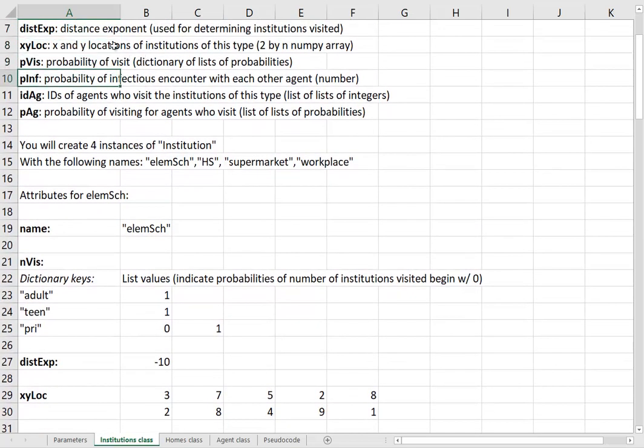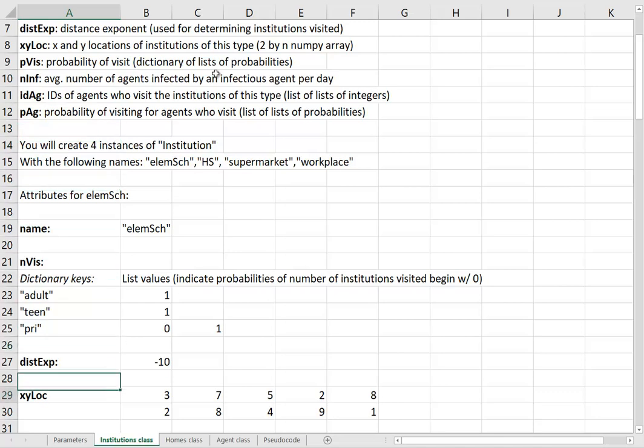This is going to be the average number of people infected, of agents infected, by an infectious agent per day. Okay. All right, that's actually quite high.